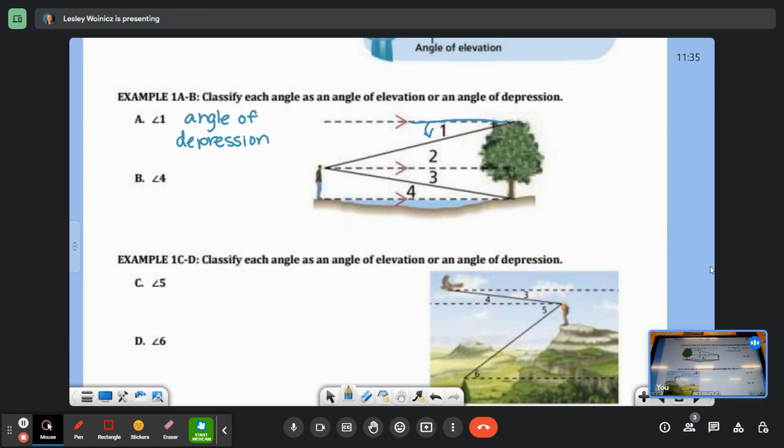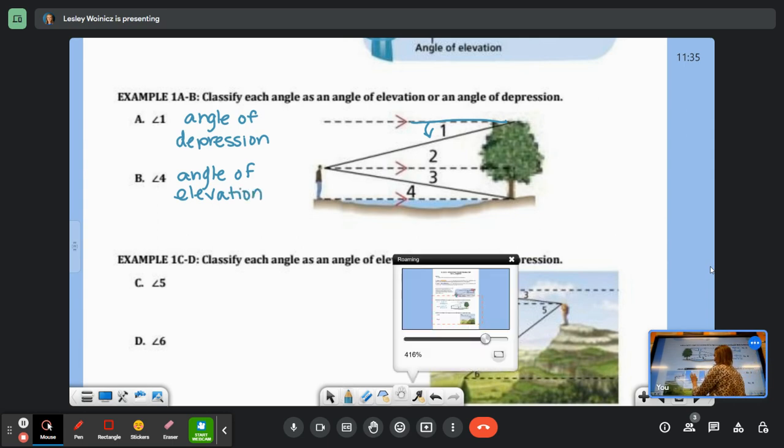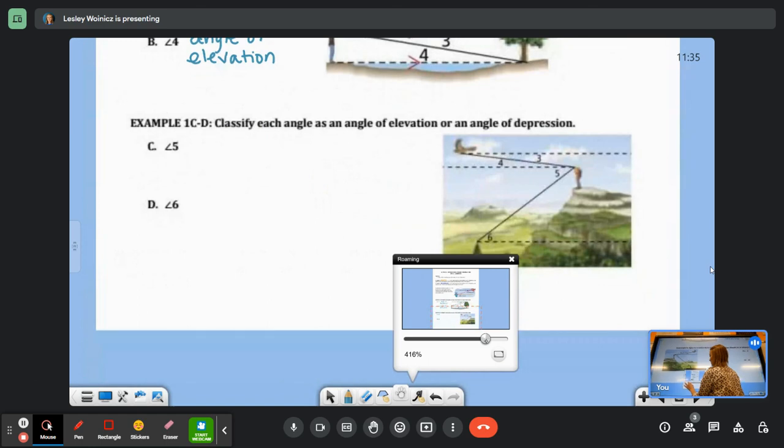All right, what about angle 4? Elevation. Angle of elevation. Are you guys going to be great at this or what? It's looking that way.